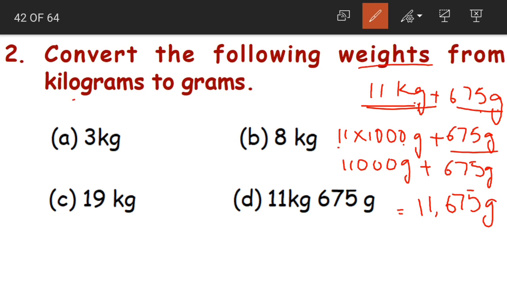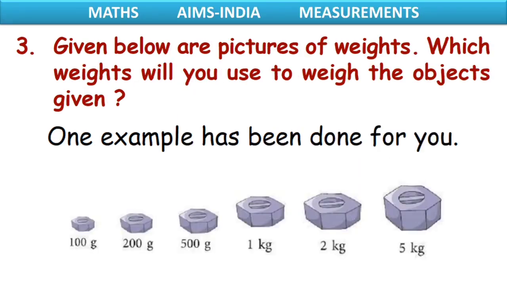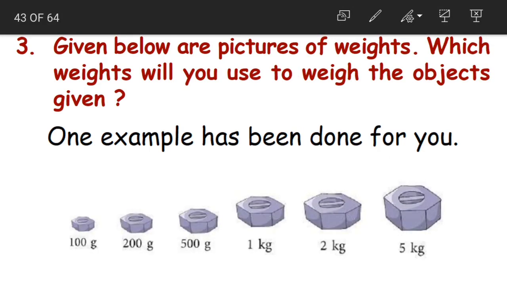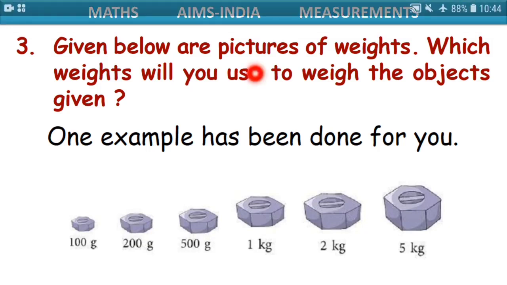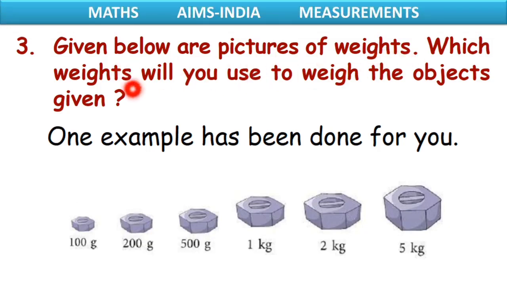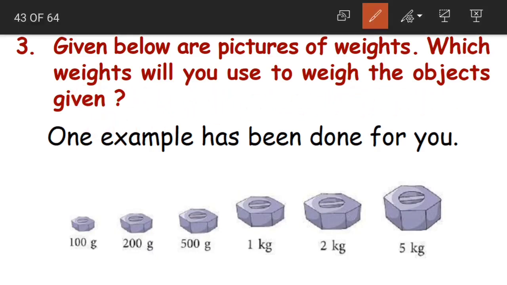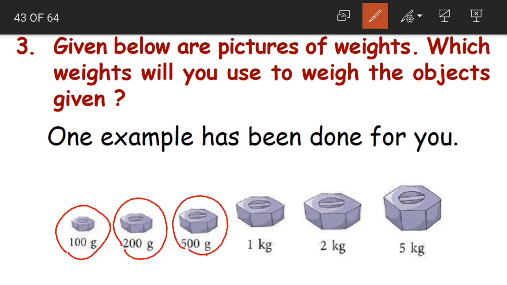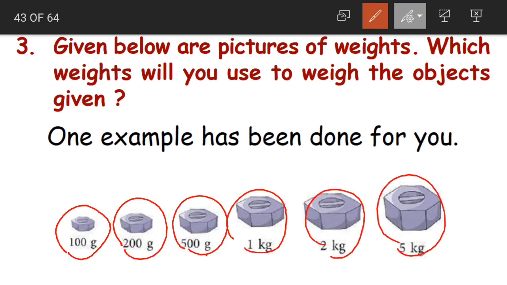Converting the weights from kilograms to grams. And the last question for today, given below are the pictures of weights. Which weights will you use to weigh the objects given? Now we are having few weights here. This is 100 grams, 200 grams, 500 grams, 1 kg, 2 kg and 5 kg.